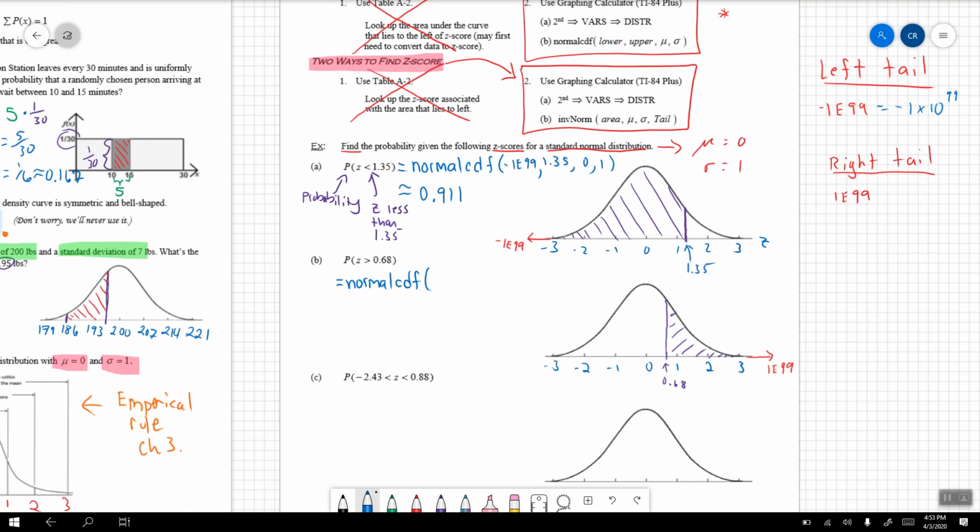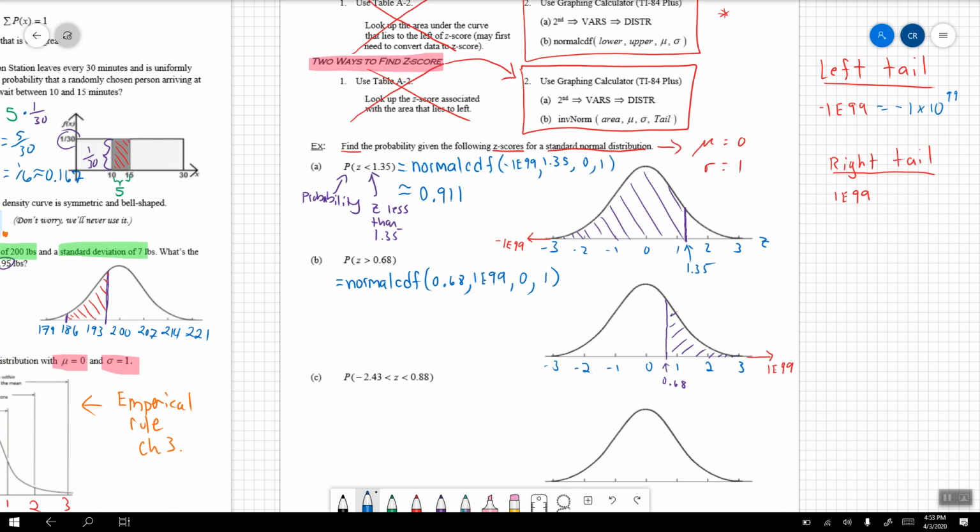Well, the lower portion of this area stops at 0.68. What's the upper portion of that area? We don't know where it stops, so we just pick a really large number, and that's the right tail. Then we choose the mean and the standard deviation. The mean was 0, standard deviation was 1, because again, we're working with a standard normal distribution.